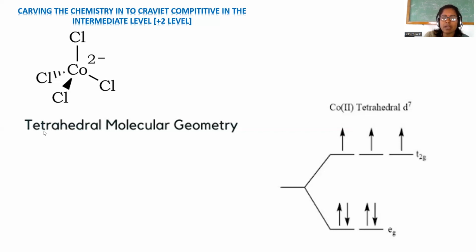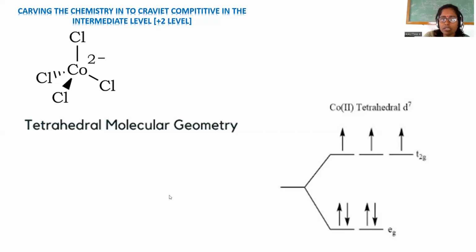In the tetrahedral geometry, in the presence of ligands, the orbital splitting will be in the pattern of e g lying at the bottom. The t2g orbital energy rises with respect to the barycenter. So here the e orbitals at the bottom have 4 electrons because their maximum capacity is 4, and the t2 orbitals are accompanied by the remaining 3 electrons.